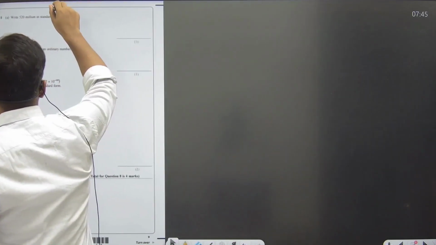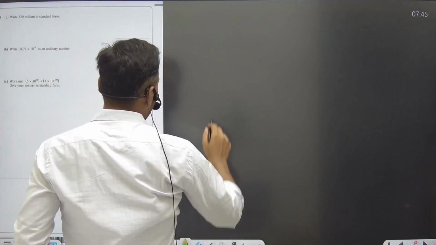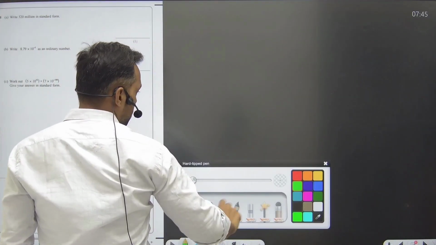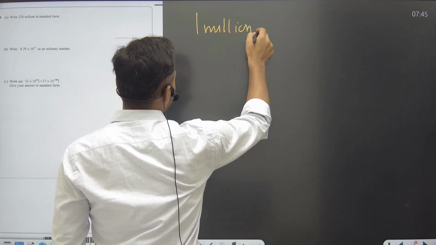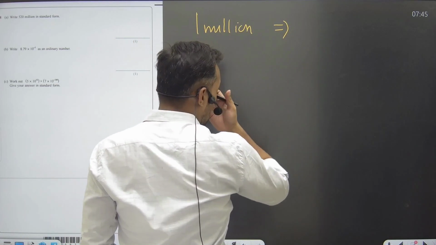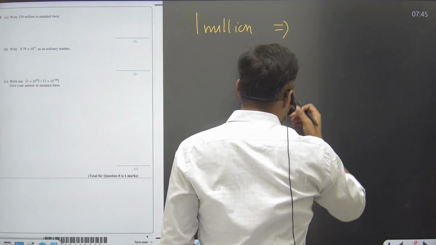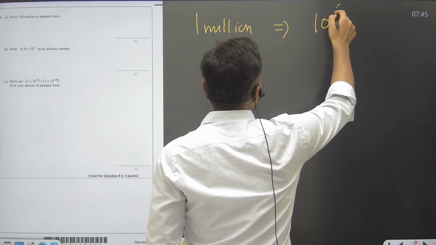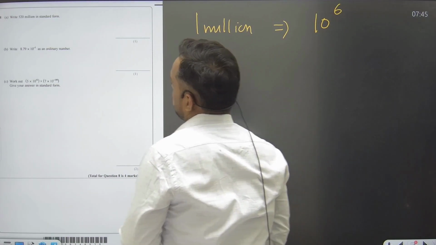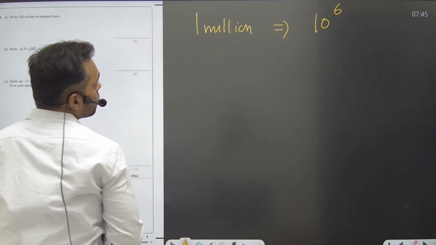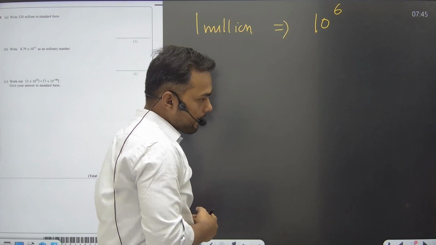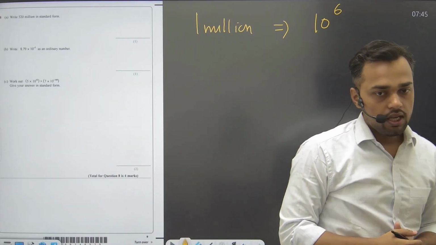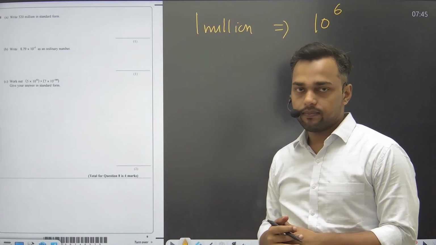Write 520 million in standard form. We know that 1 million equals 10 to the power 6. 1 million is equal to 10 to the power 6.